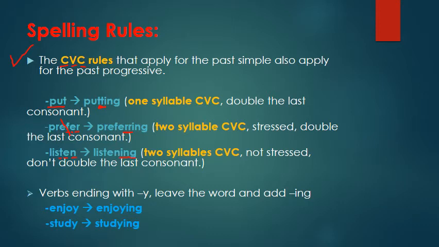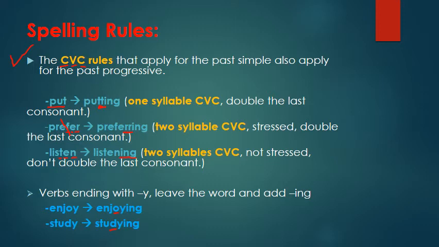Now, verbs ending with y, either if there's a vowel or there's a consonant before the y, I just leave it and add ing. Okay, you can't erase the y and add ing. It's not the same as the ied. Okay, only in the past simple do we do that.